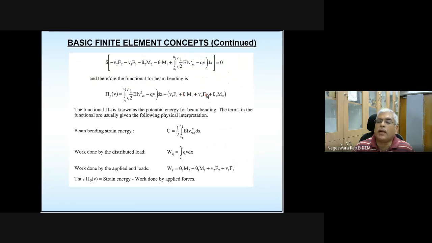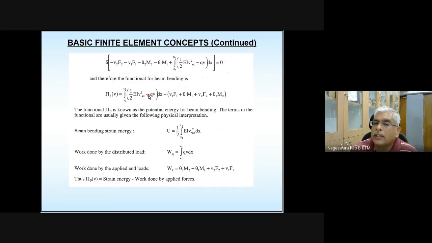Again, load multiplied by displacement at the second node, moment multiplied by rotation at the second node. So this gives you the work done by the applied forces and moments. So potential energy is strain energy minus work done by the applied forces.